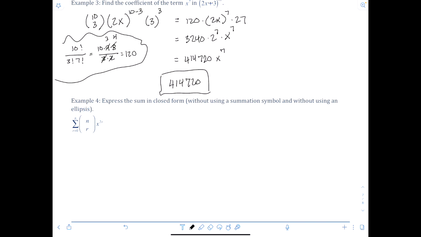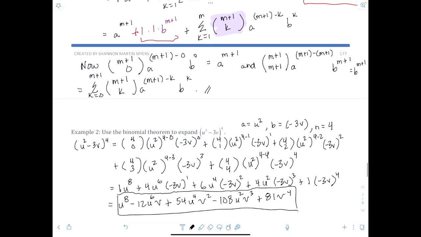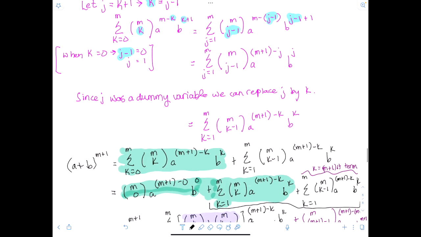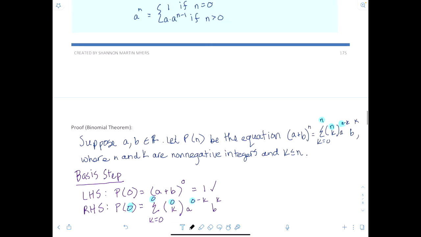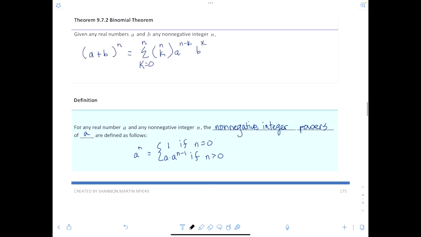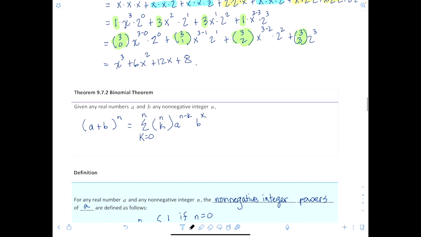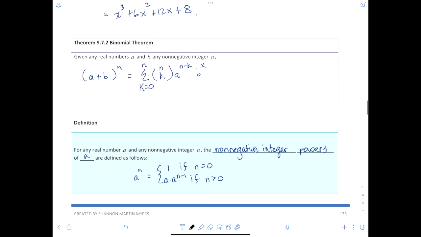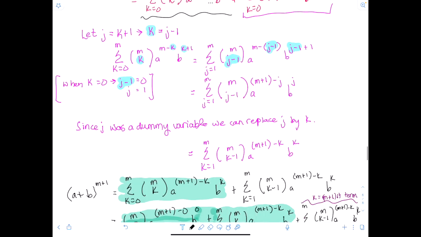Now, remember the general binomial formula, right? Way back when, looking at our n and k, you have this. So when we look at this in terms of n and r, let's see what we've got.